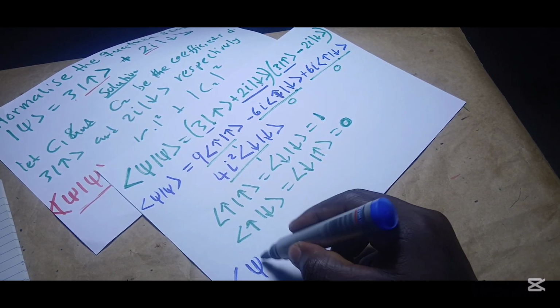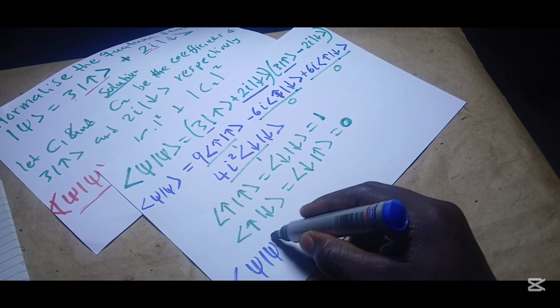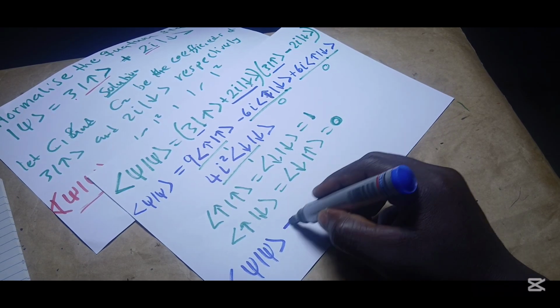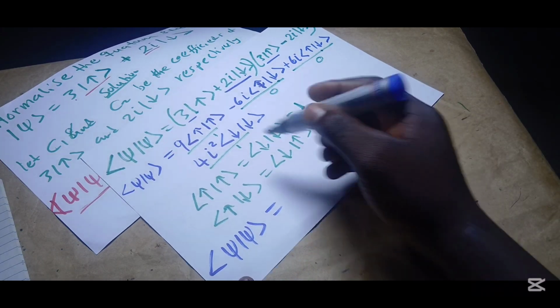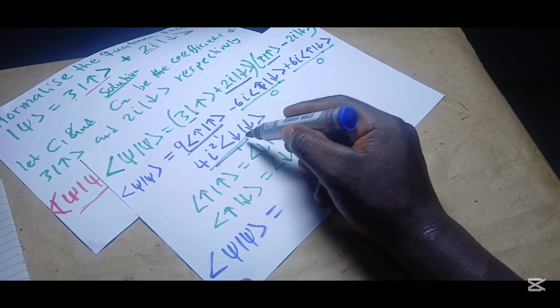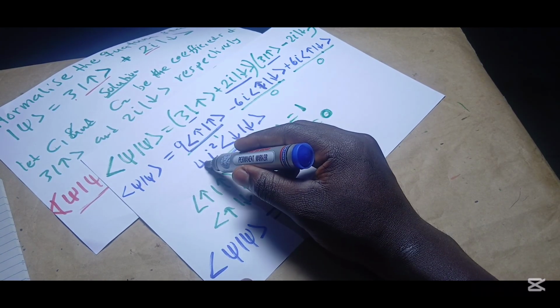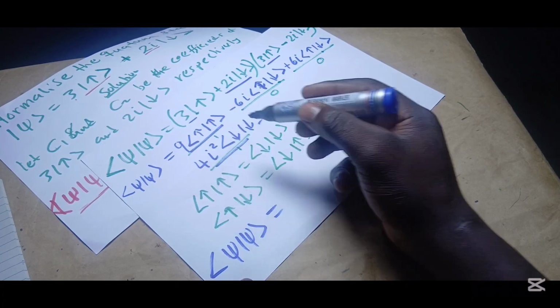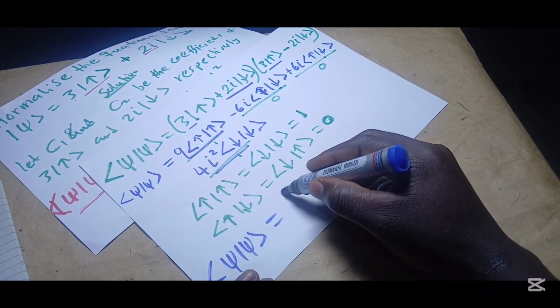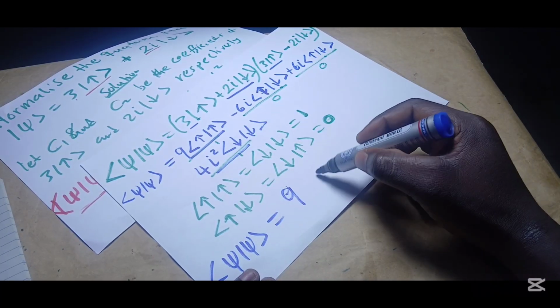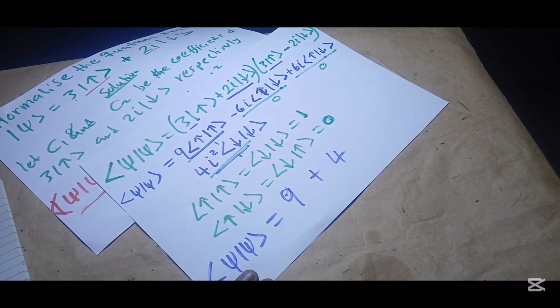Our bra psi, ket psi would be equal to... Now our major concern is on this and that. So 1 multiplied by 4, right? Let's start with 9. So we have 9 and here we have 4 plus 4.